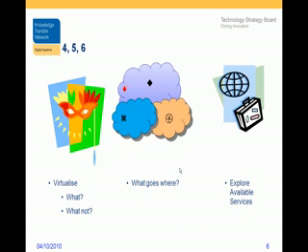Now we are starting with virtualization. We all know that virtualization is the first step in going to cloud computing. What is virtualization? I'm sure most of you know it, but I'll just repeat the definition for the record. Virtualization is separating resources and services from the underlying physical delivery methods.